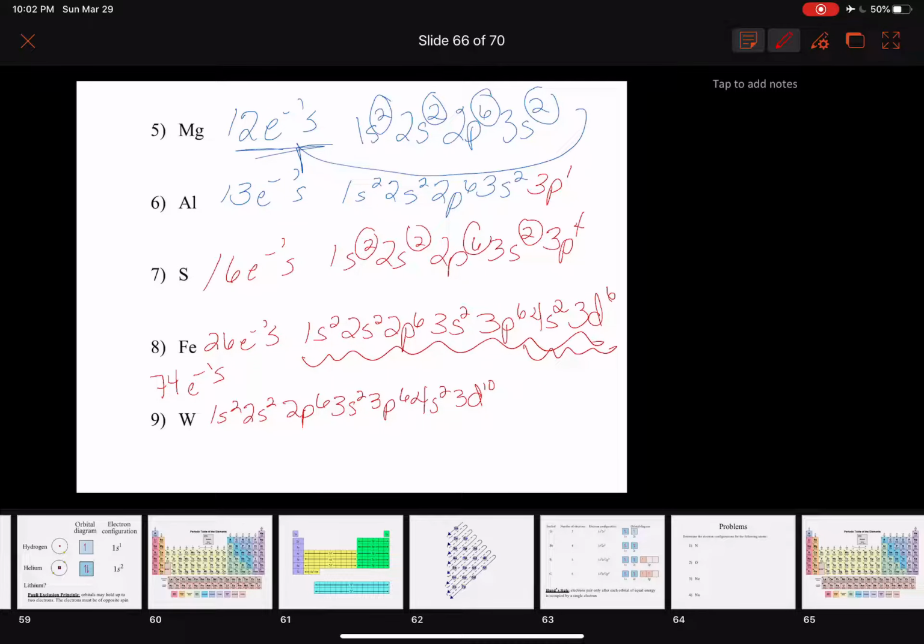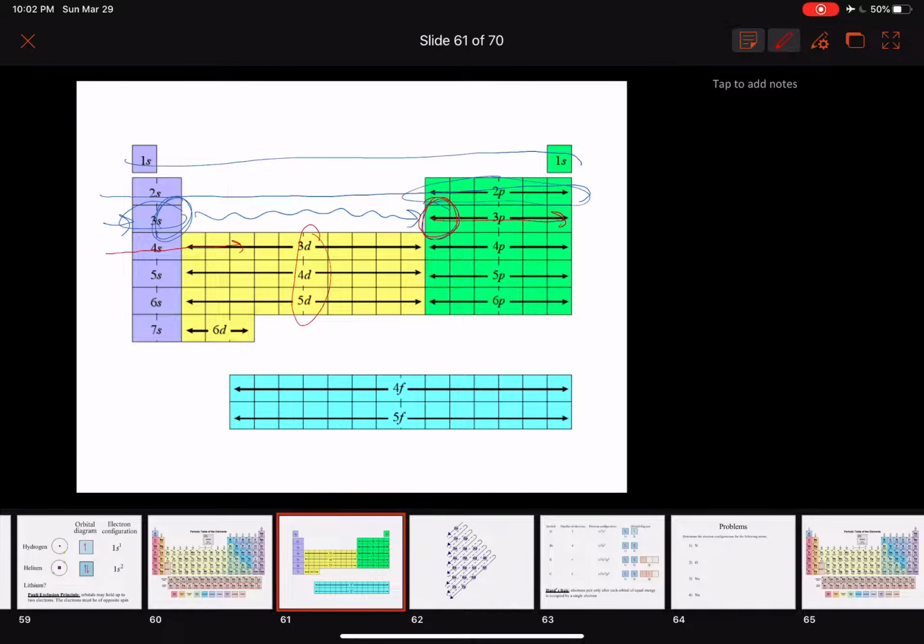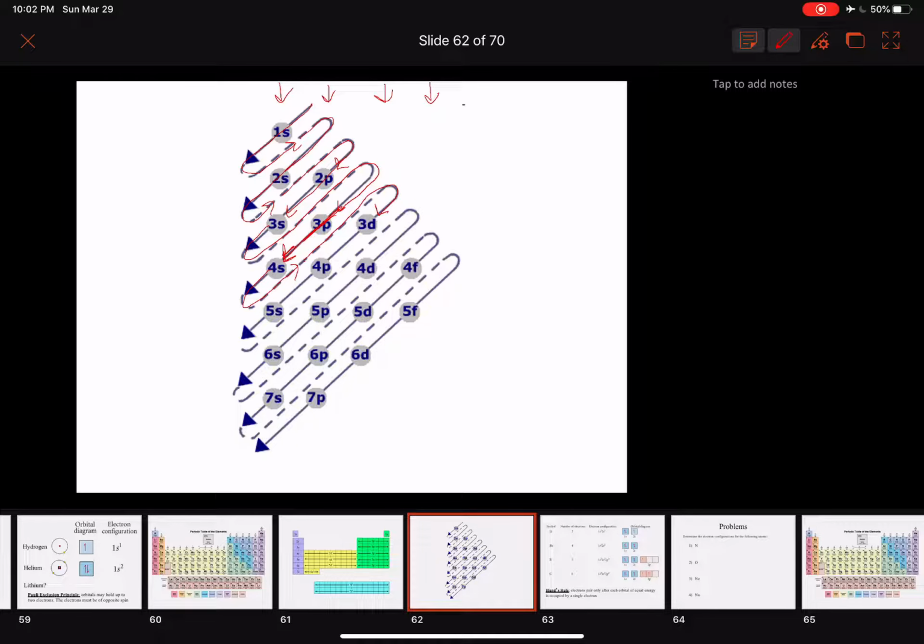And if we're wondering what is after 3d10, again, you can do it a couple different ways. The energy diagram, or this chart right here, and you can see that after 3d10 you're going to be in the 4p's, or you can use the little cheat sheet right here and see that once you've filled the 3Ds you go to 4p's. So all three of those things are going to tell you exactly the same information.